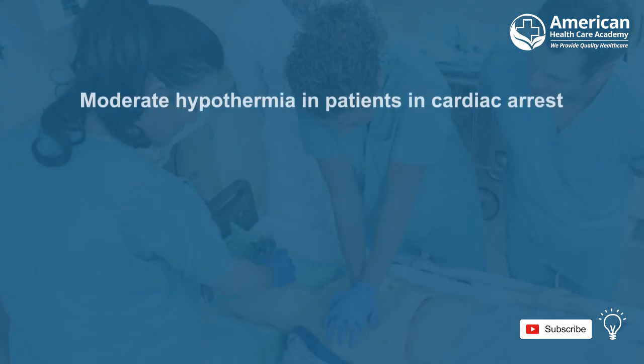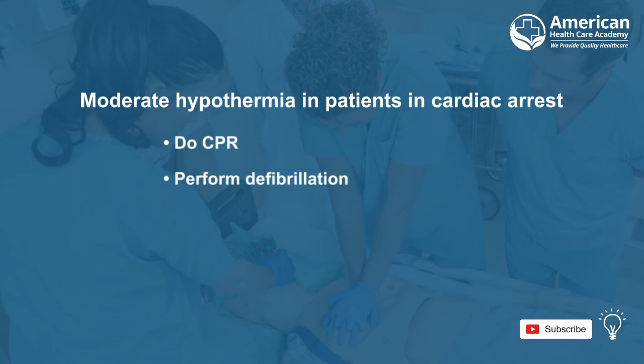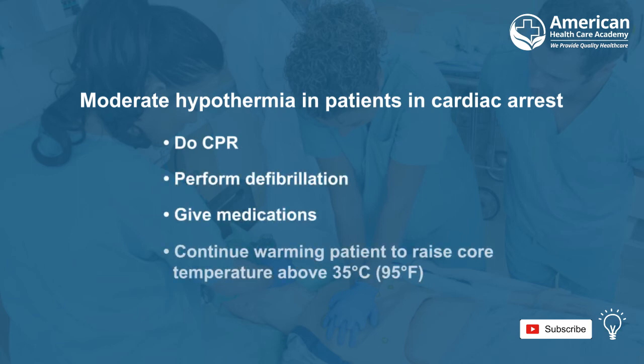For those in cardiac arrest with moderate hypothermia, observe the following steps. Do CPR, perform defibrillation, give medications, and continue warming the patient to raise their core temperature above 35 degrees Celsius, which is equivalent to 95 degrees Fahrenheit.